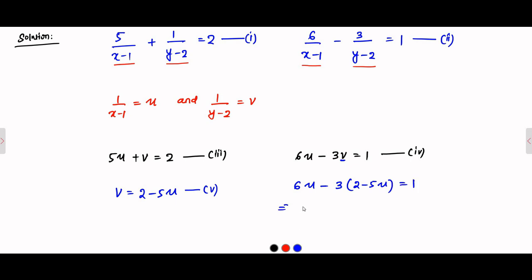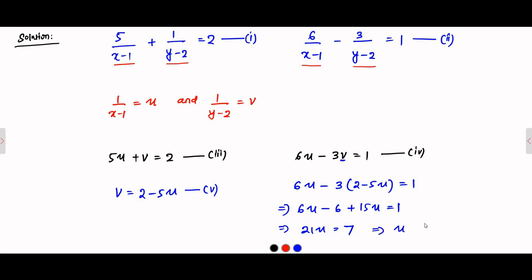That implies 6u minus, here it will be minus 6 plus 15u is equal to 1. That implies 6 plus 15, that is 21u, is equal to 1 plus 6, the minus 6 going to the other side, that is equal to 7.